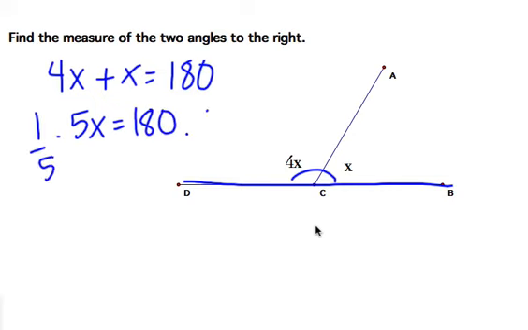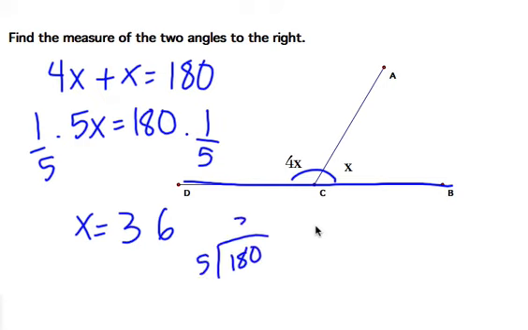I can do reciprocal, reciprocal. Nope, that's not right. Oh, I'm going crazy. 36. Yeah, because 15, 180. I can do it out and see what I get. 36, good. All right, so if x is 36, that means this angle over here is 36.